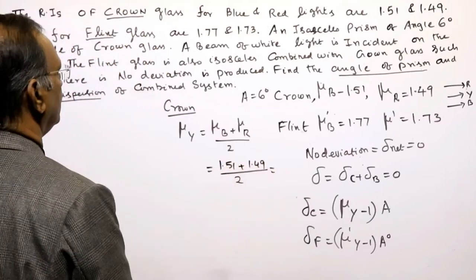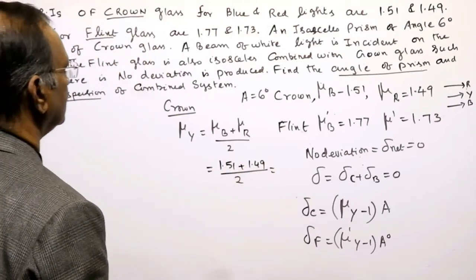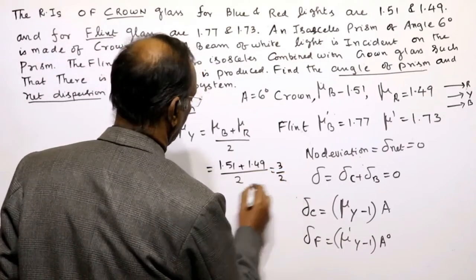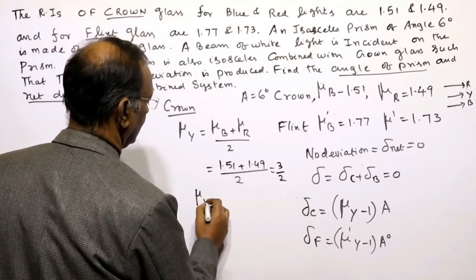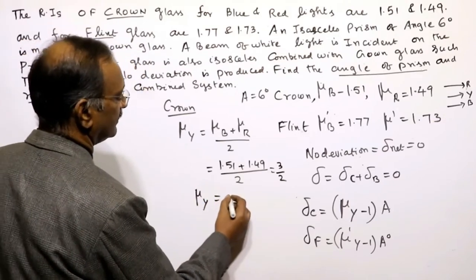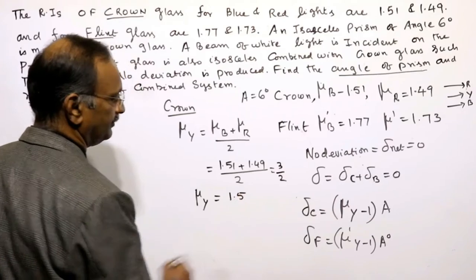So 1.51 plus 1.49 divided by 2 is equal to 3 divided by 2. So the refractive index for yellow color for crown glass is equal to 1.5.